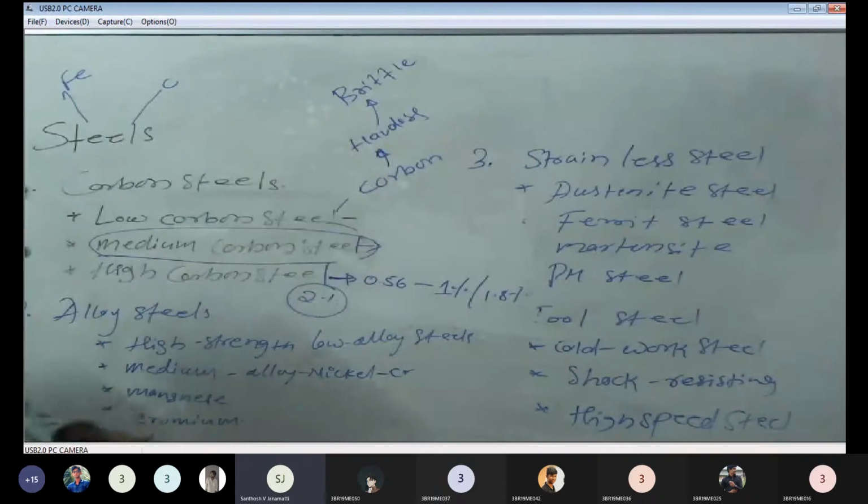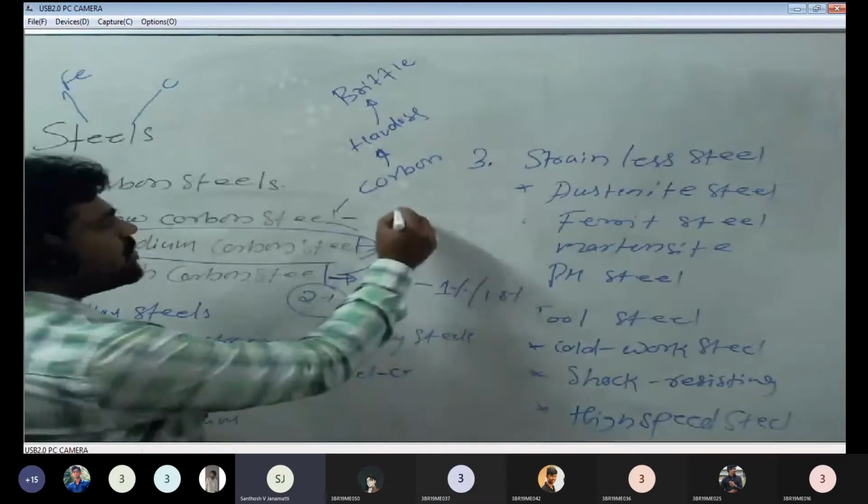Now coming to the properties of high carbon steel, I will write it here.